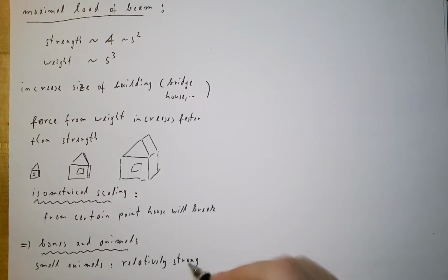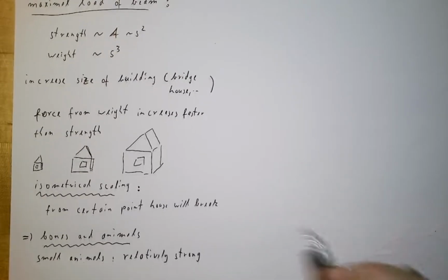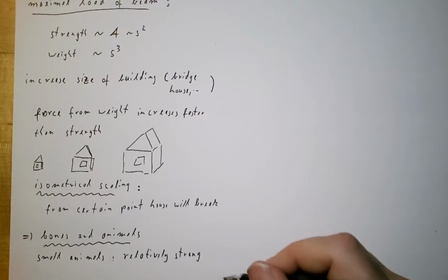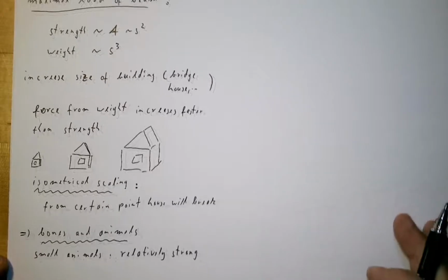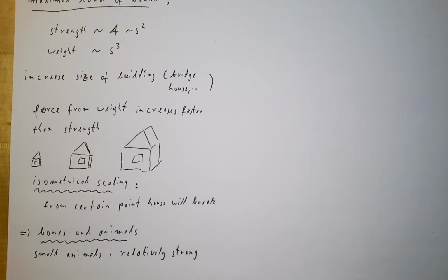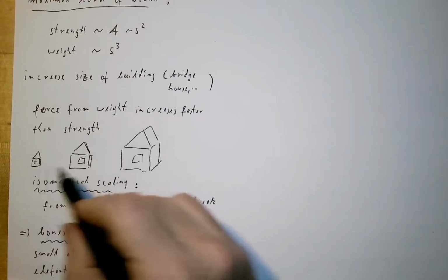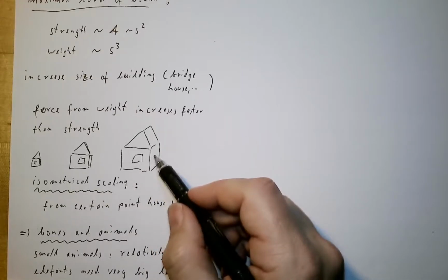You know, an ant can carry a multiple of its own body weight. But if you look at the elephant, our biggest mammal, it needs very thick legs, very big legs, in order to carry the weight. Same as a big house or big building needs very big beams.